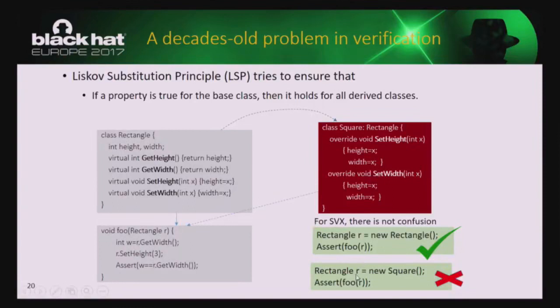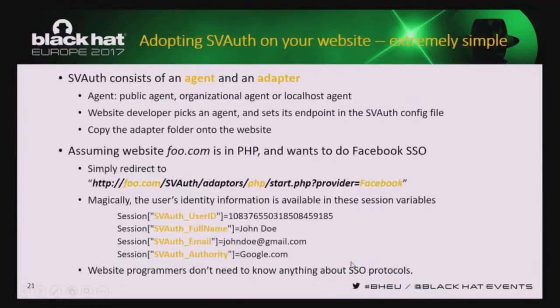On the other hand, if the rectangle R is constructed at runtime as a square, then we are able to prove that this property does not hold. So there is no confusion because we define the property at the base class, but we actually verify the property at the actual runtime.